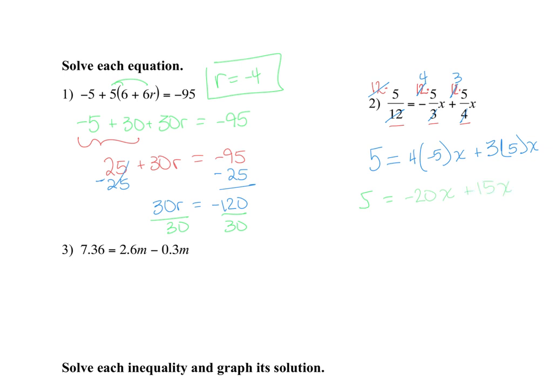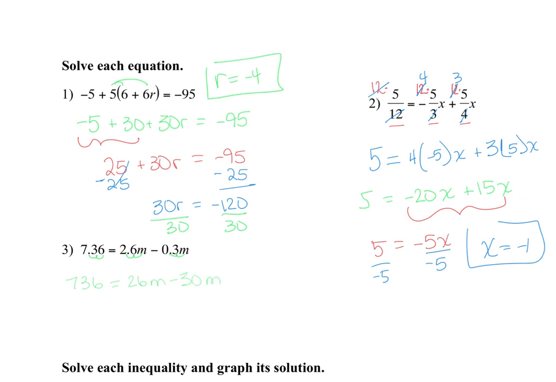Remember, combine any like terms that are on the same side there. And then our last step is, of course, to divide. For decimals, we do have a shortcut there, or you can just add and subtract your decimals, but you can move those across, and you can, again, solve these the same way here.